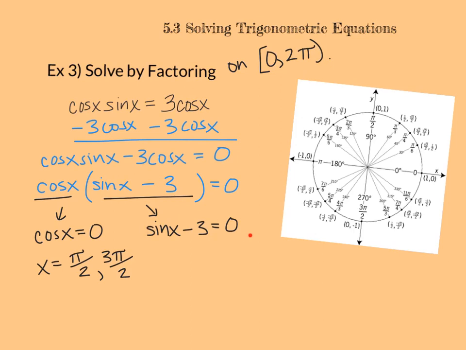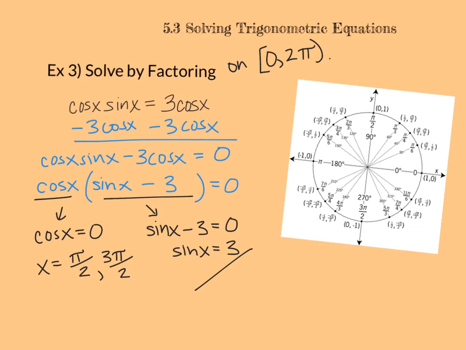Let's see what kind of answers we'll get from this factor. So to solve this, I'll have to add 3. So I want to know, where is the sine of x equal to 3? Where is sine 3? Nowhere, right? The biggest sine can be is 1. The smallest it can be is -1. So this actually does not provide any answers.